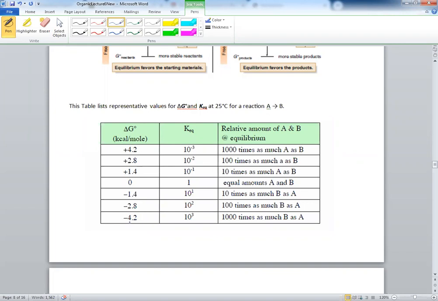If you have negative 4.2, and again, delta G is negative, it means KQ is very large, bigger than 1. So it means the energy of the products is lower than the energy of the reactants. Look at this. You have 1,000 times as much B as A. This is your product, B, and A would be your reactant.